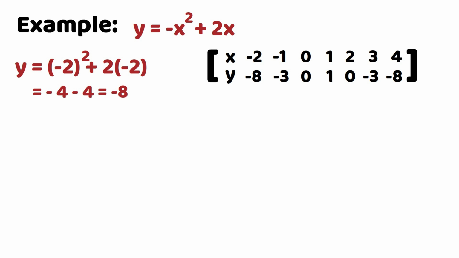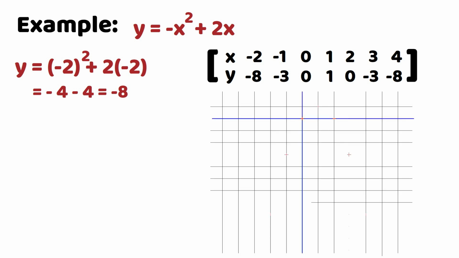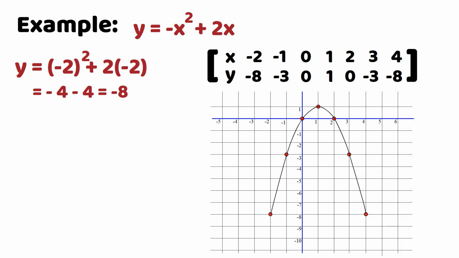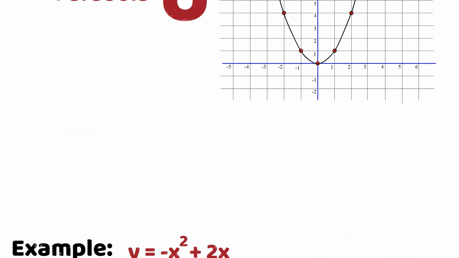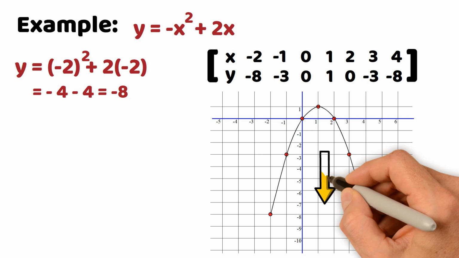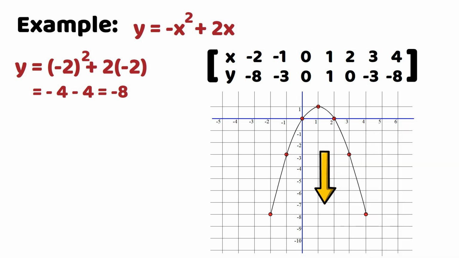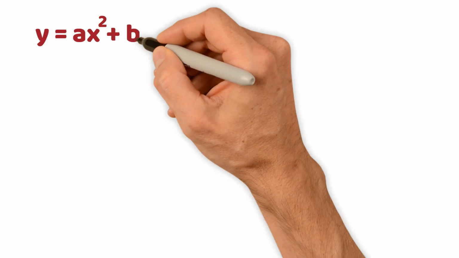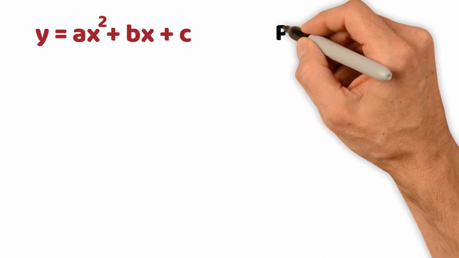Now we plot these points and connect with a curve, and we would get this diagram. This is also a parabola, but it has an upside-down U-shape. In the first example, it had a U-shape. In the first example, the parabola was opening up, and in this new example, the parabola is opening down. In general, a quadratic equation, y equals ax squared plus bx plus c, will produce a parabola.